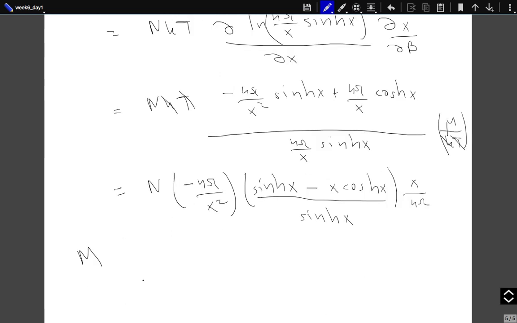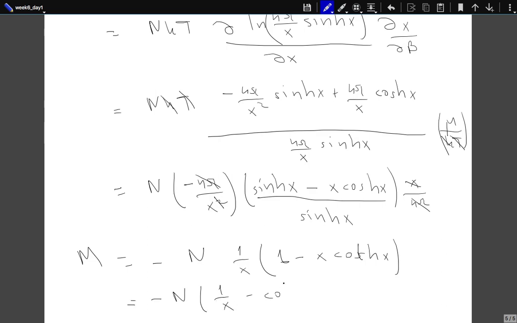So the magnetization of my system is a function of the applied field and the temperature, and just turns out to be, let's say this x will cancel this one, the 4 pi's cancel, minus N times 1 over x, 1 minus x cotangent hyperbolic x, or minus N times 1 over x minus cotangent hyperbolic x.